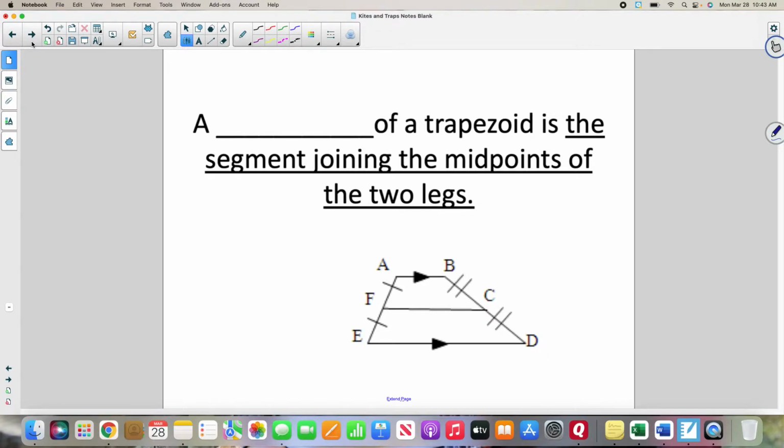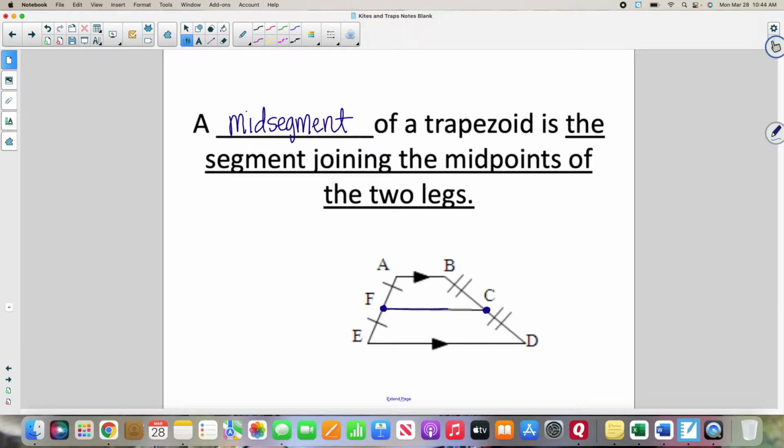A mid-segment of a trapezoid is the segment joining the two midpoints of the two legs. These are marked this way because this is a midpoint and this is a midpoint.